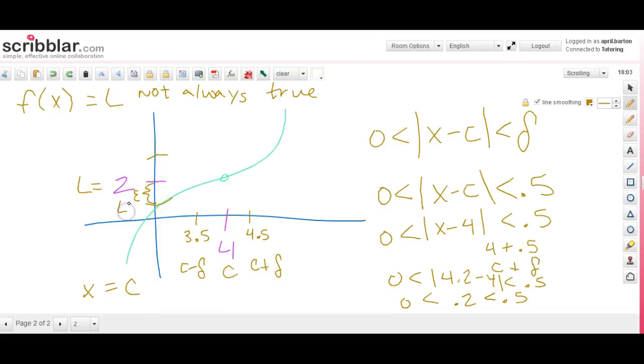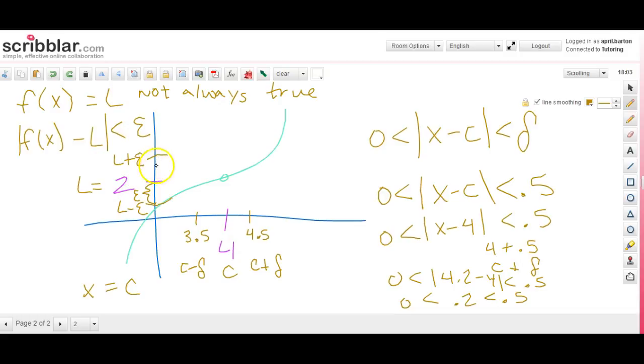This here, one end of your interval will be L plus epsilon, and one end will be L minus epsilon. And it still fulfills that absolute value bar requirement so that you can take those values above and those values below and have it match. Have it still fit this inequality.